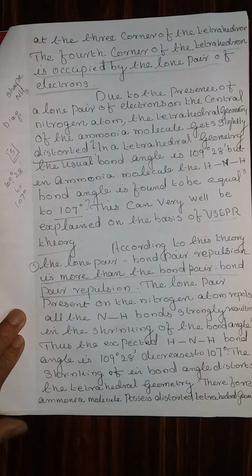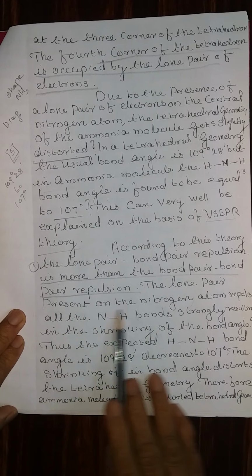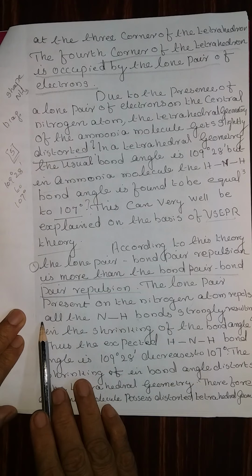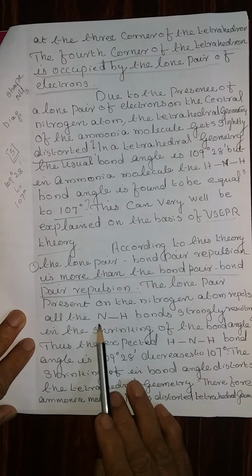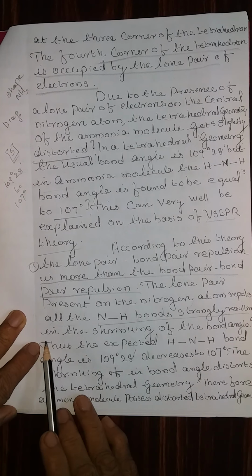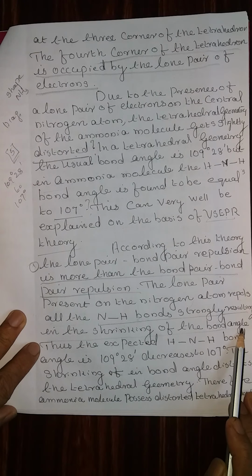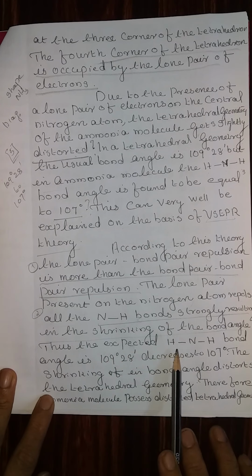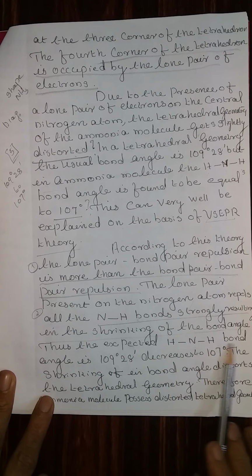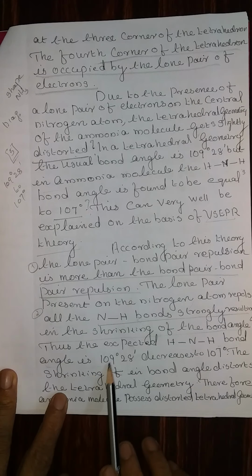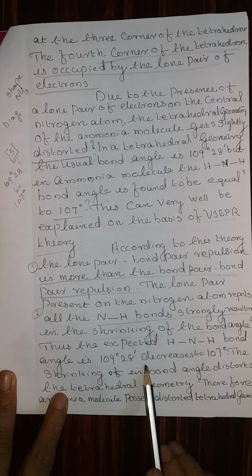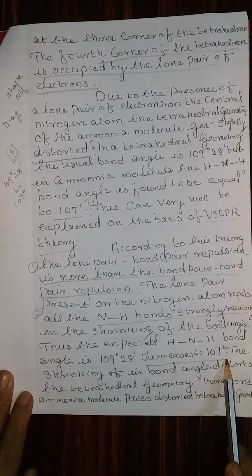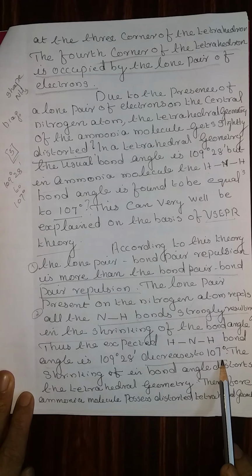First point, the lone pair present on the nitrogen atom repels all the nitrogen-hydrogen bonds strongly, resulting in the shrinking of the bond angle. Point number 2. Thus, the expected H-N-H bond angle of 109 degree 28 minutes decreases to 107 degree.